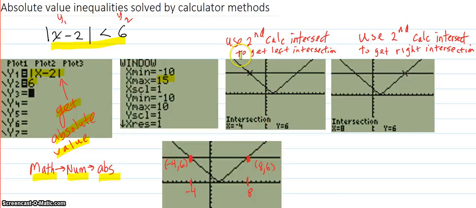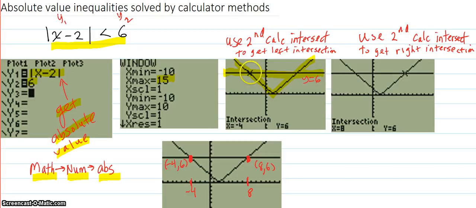What comes up on the graph is the classic V look for absolute value, because the absolute value is not negative, so it runs into the wall at the x axis and goes back up. That's y equals the absolute value of x minus 2, and then you have your constant function y equals 6 going across there like that.